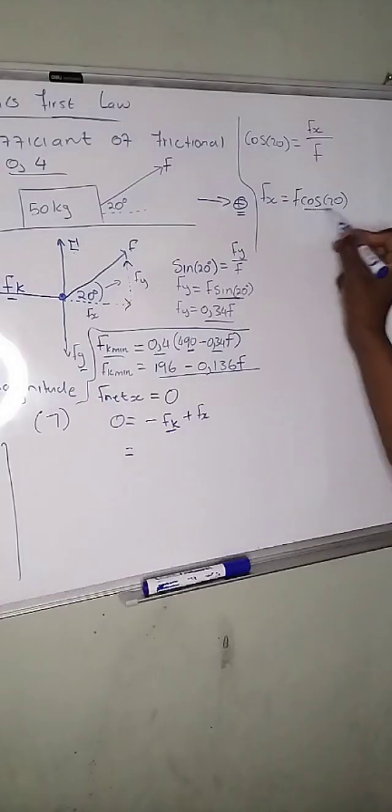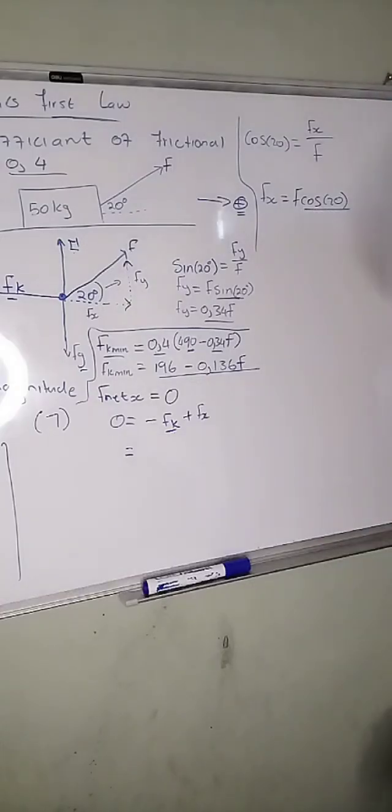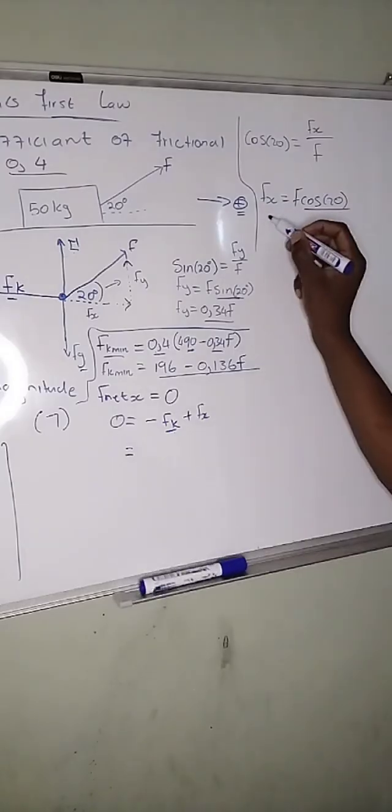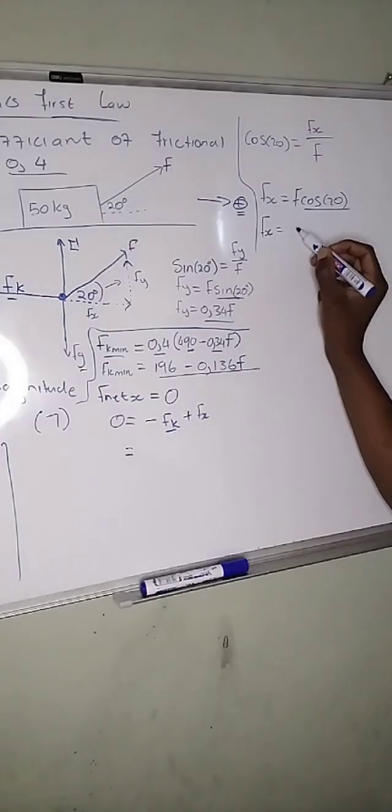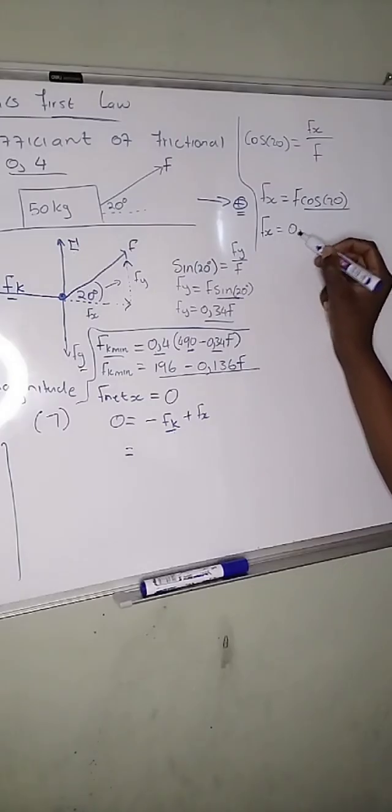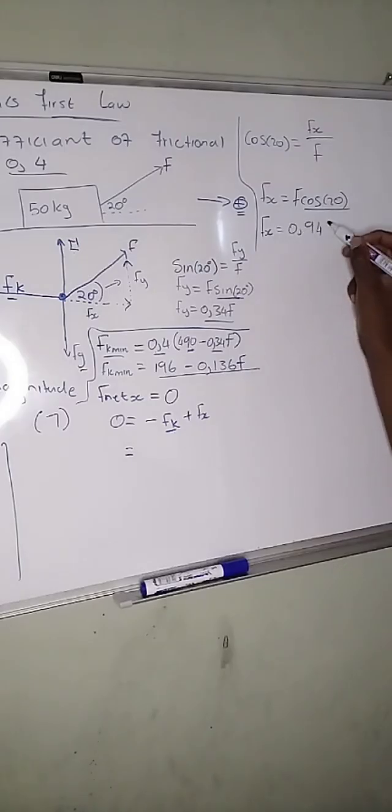What is cos 20? When you punch it in your calculator, what is it going to be? Fx is going to be 0.94 F. Do you see that?